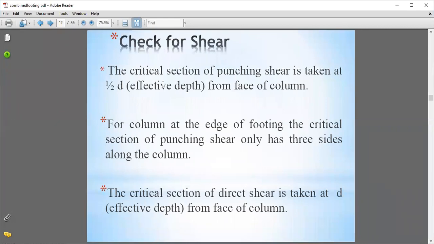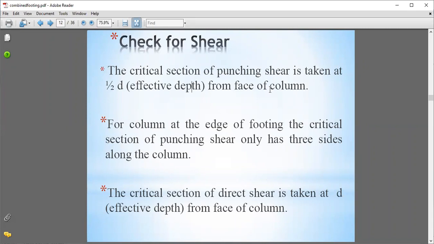Now there is a check for shear. हे आपण shear कुठे check करतो for the depth साठी. The critical section of punching shear is taken at 1/2 the effective depth from the face of the column. तर जी आपल्याला shear साठी चेक करायची जी काही डेप्थ आहे ती डेप्थ आपण दोन वेने चेक करतो, एक वन वे shear आणि सेकंड वन इज द टू वे shear.